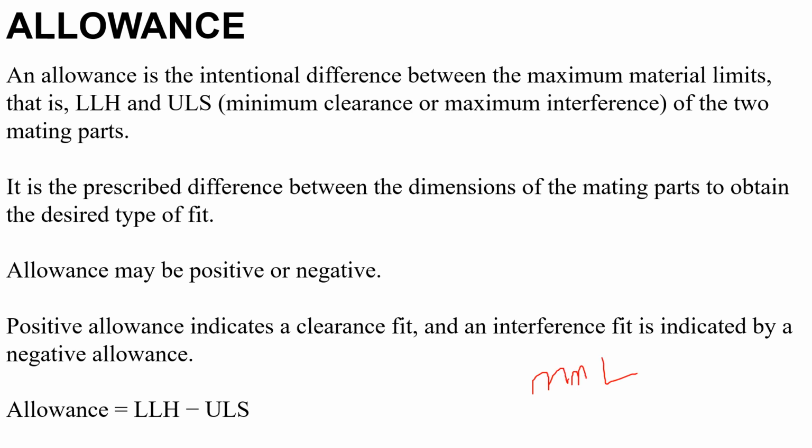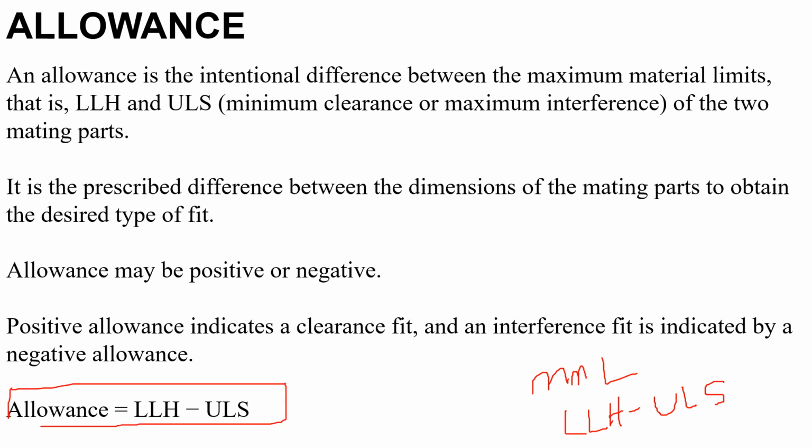We know that the maximum material limit for the hole is the lower limit and the maximum material limit for the shaft is the upper limit. So allowance is the difference between the lower limit of the hole minus the upper limit of the shaft. So remember this formula: allowance is the lower limit of the hole minus the upper limit of the shaft.